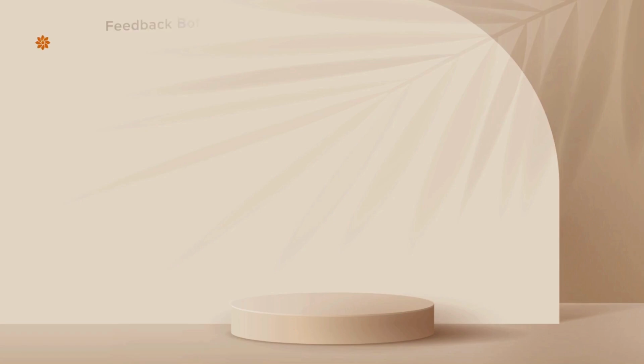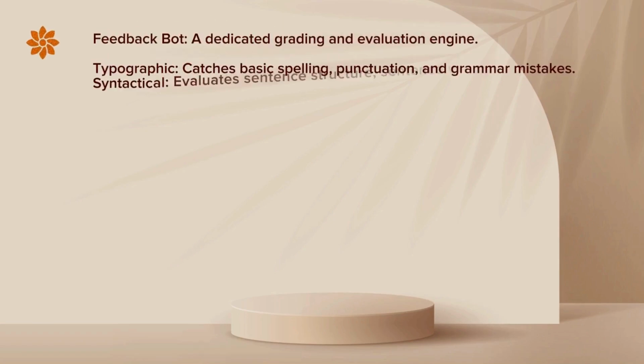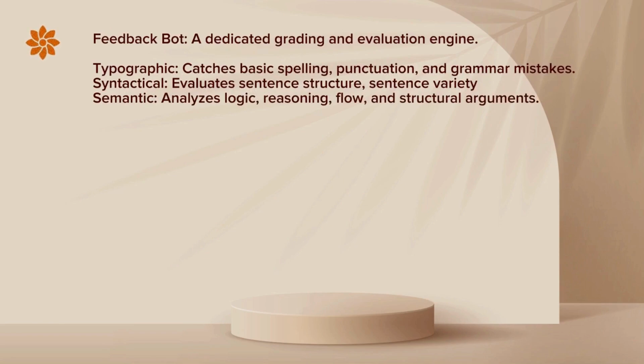There is a feedback bot, which is a dedicated grading and evaluation engine. Typographic: it catches basic spelling, punctuation, and grammar mistakes. Syntactical: evaluates sentence structure, sentence variety, semantics, analyzes logic, reasoning, flow, and structural arguments.